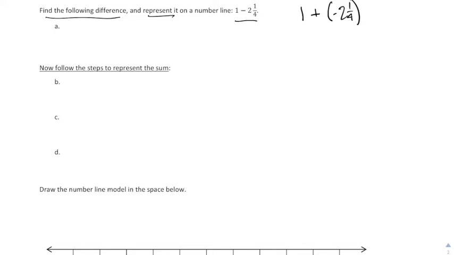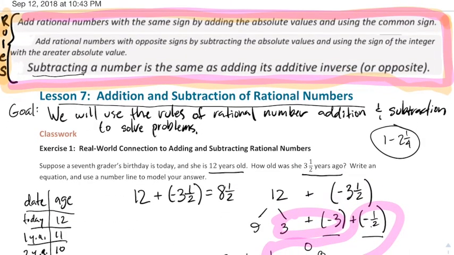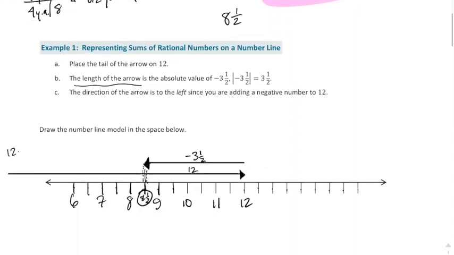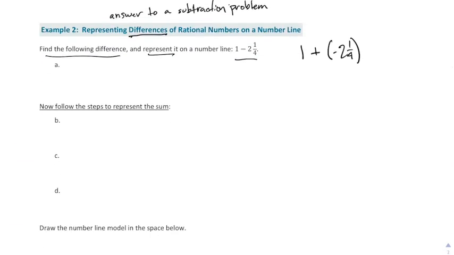So we're trying to add numbers of opposite signs. What do we do now? 1 plus negative 2 1/4. Well, let's go back to the rules. We can add rational numbers with opposite signs by subtracting the absolute values and using the sign of the integer with the greater absolute value. And if I go back here, I've got the absolute value of 1 is equal to 1. The absolute value of negative 2 1/4 is equal to 2 1/4.